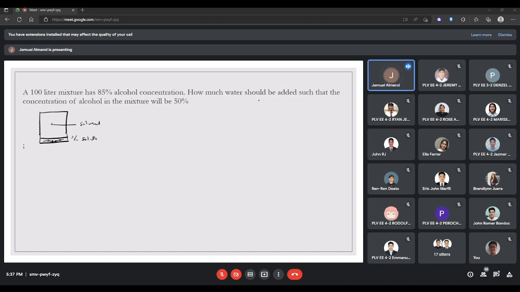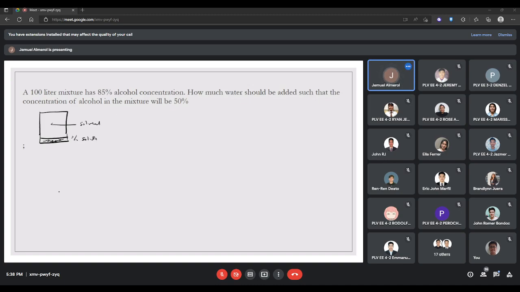How much water should be added such that the concentration of alcohol in the mixture will be 50%? In practical reasoning, when you add water to a high concentration of an acid or any solution, water usually lowers the concentration. For example, if the food you're cooking is too salty, most of the time you add water to neutralize it. The same concept applies here, okay?